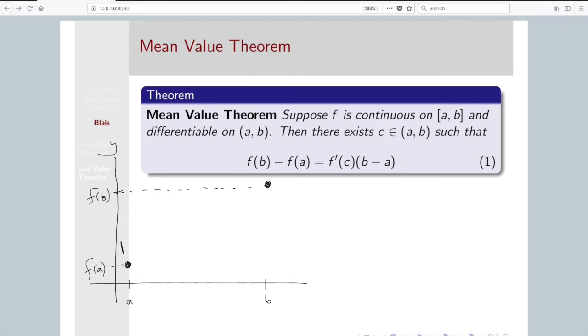This will be the point P, and this will be the point Q. So P is the point A, f of A. Q is the point B, f of B. So we connect these 2 points with a smooth curve. That's our function y equals f of x.